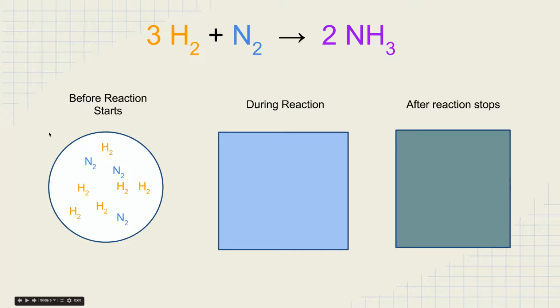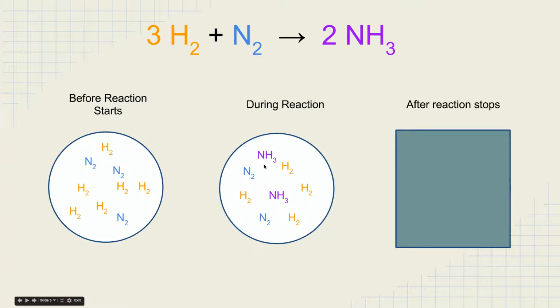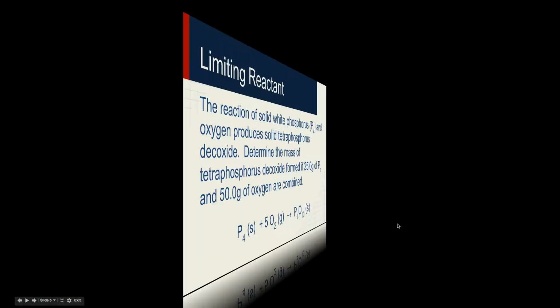And then we heat this container up and we give it a little spark to get the reaction going. And during the reaction, we have ammonia forming. So NH3, NH3. We still have some hydrogen left and we still have some nitrogen left, which is a clue that the reaction is going to continue until it stops.